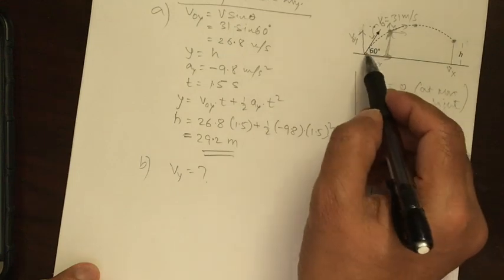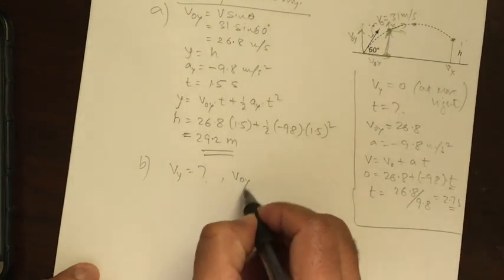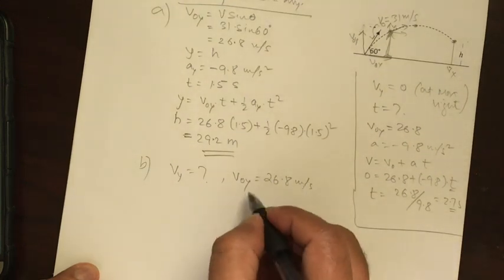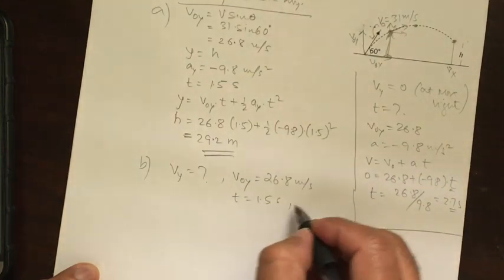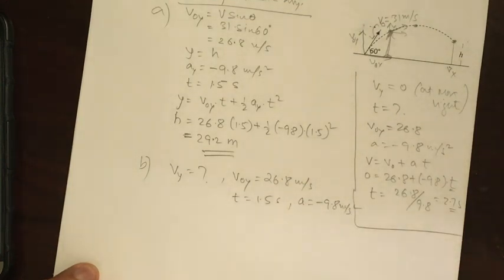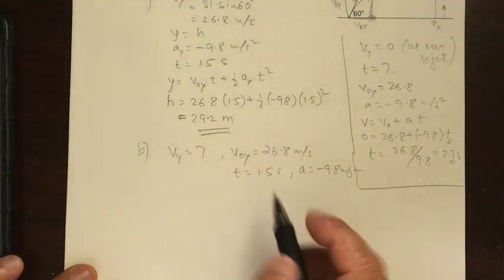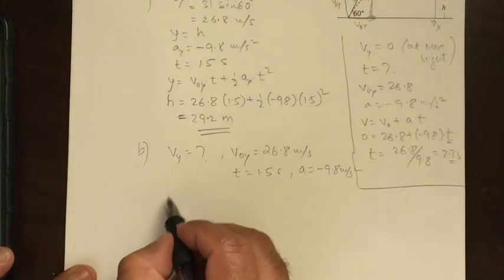So Vy, you have the initial velocity, you have everything, same as before. Your V0y is 26.8 meters per second, given. Your time is 1.5 seconds, given. Your acceleration is negative 9.8, which you know. So you know all three quantities. Use the same formula as before.